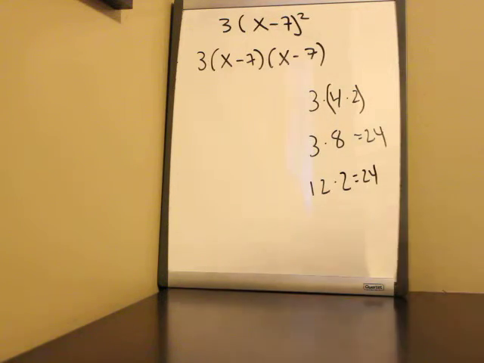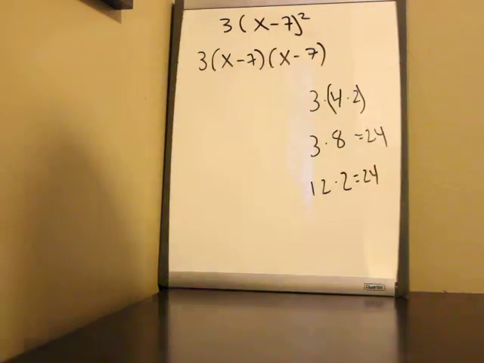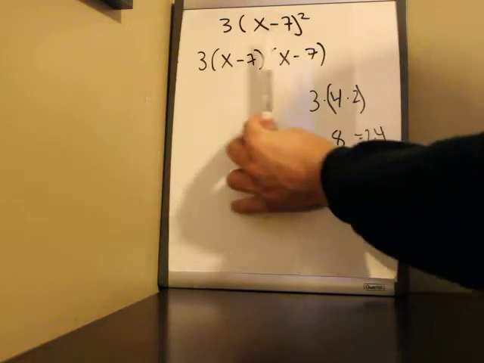So we can multiply the 4 and the 2, so we can pretend like the 3 is not there, and then just FOIL this out using the distributive property.